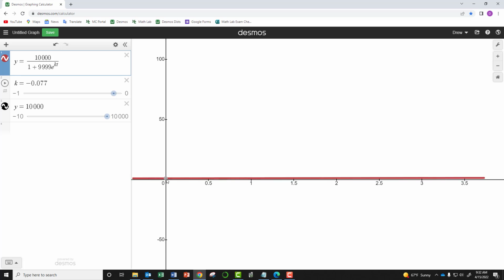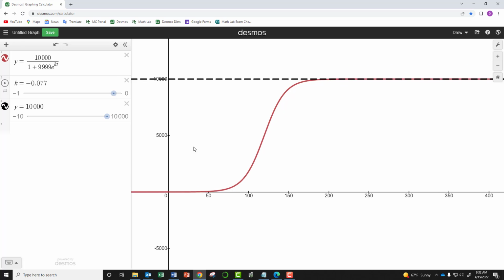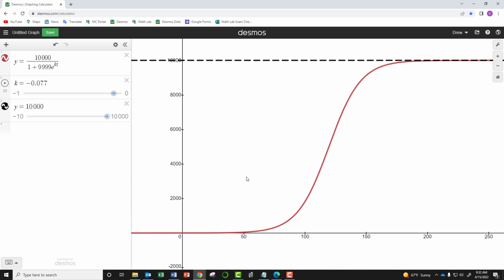Now, as the illness spreads through the ranch, more and more cows are going to become sick. And it's going to look pretty much like exponential growth here, in that the number of new cases is going to be proportional to the number of sick cows, or at least roughly so, up until about half the cows are sick.